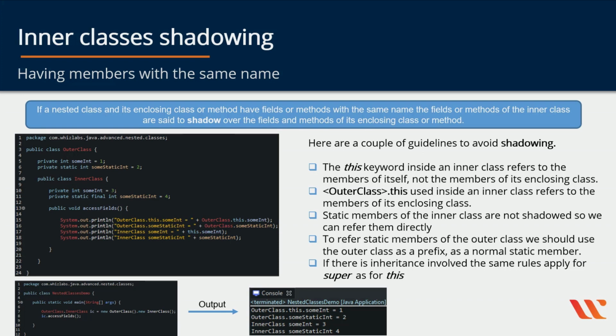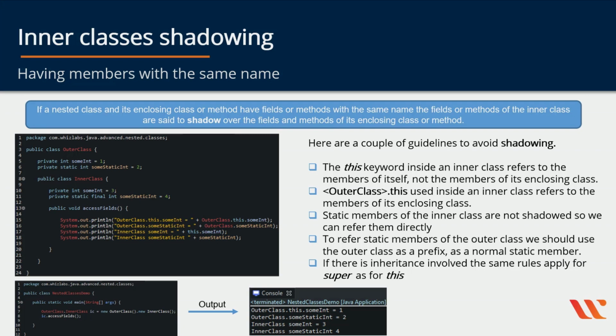To access sumInt of the outer class, we use OuterClass.this.sumInt. To access sumStaticInt of the outer class, we can do it as a normal static field using the class name as a prefix. To access sumInt of the inner class, we are using this, as this refers to the object of the inner class. No need to explain how we access static int from the inner class, I think.